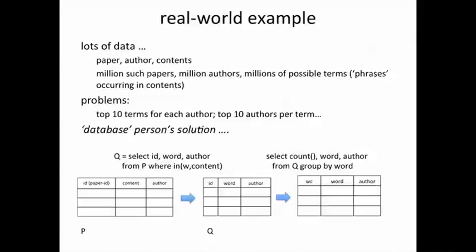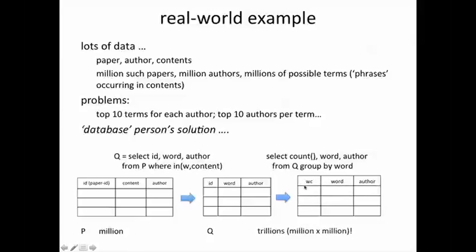Problems start to occur when you try to consider how large these tables can get. If this P has a million or a few million documents, then let's take a look at this table here. At worst, you'll have an entry for every word and every author, that is if you allow 0 word counts.